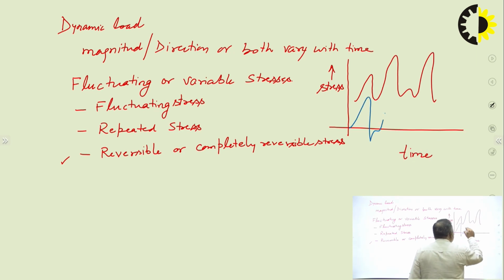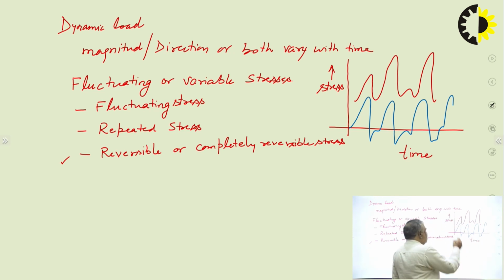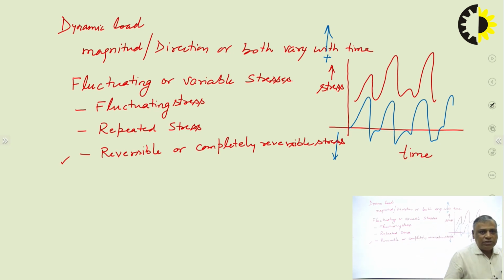This side is the positive ordinate axis, this is the negative ordinate axis. So this is positive stress, this is negative stress, meaning the direction changes, positive direction or negative direction.